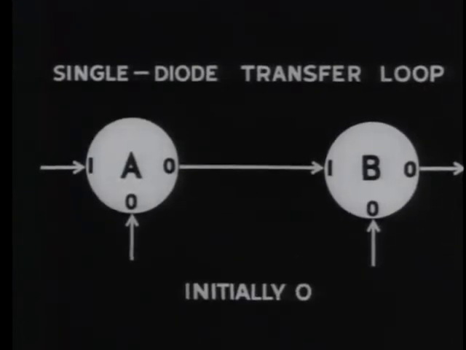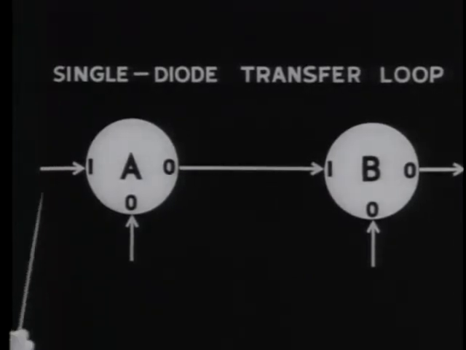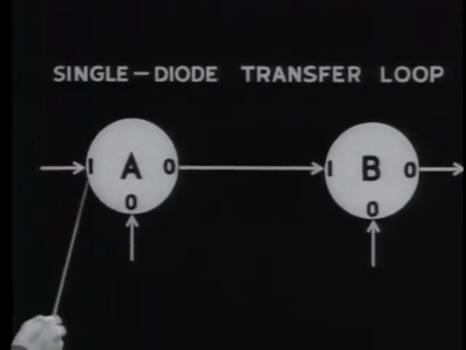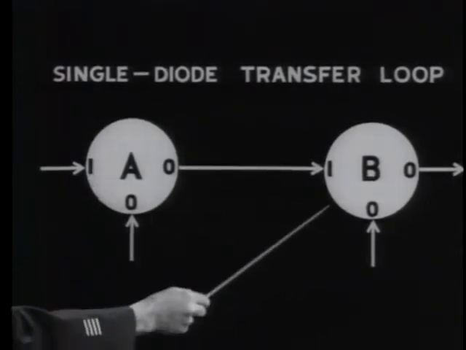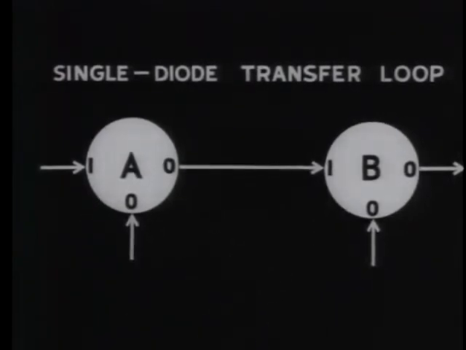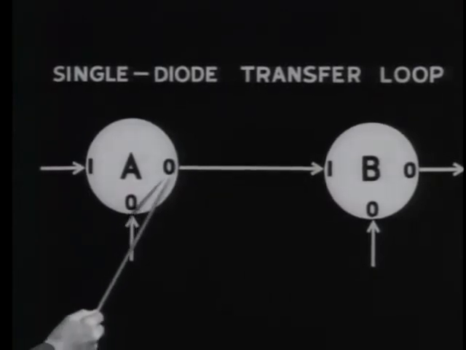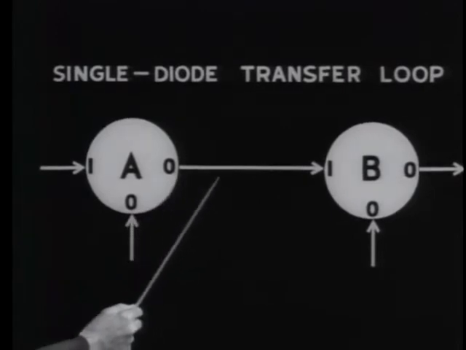In the single-diode transfer loop, we assumed that both cores were initially in the binary 0 state. A non-dot input pulse switched core A to the binary 1 state without affecting core B. Later, a dot pulse applied to the shift winding cleared core A back to 0. The flux change in core A produced an output there.